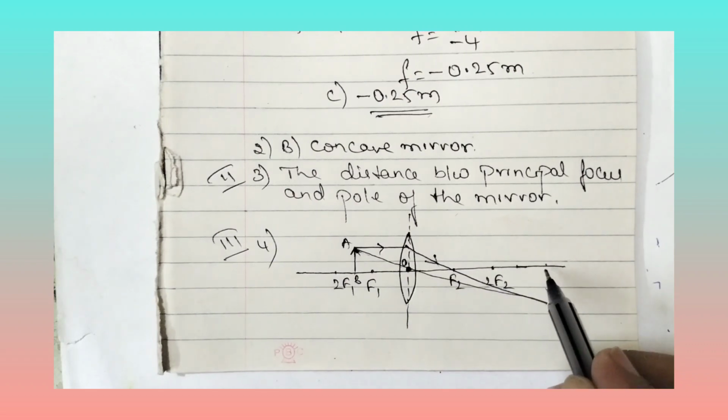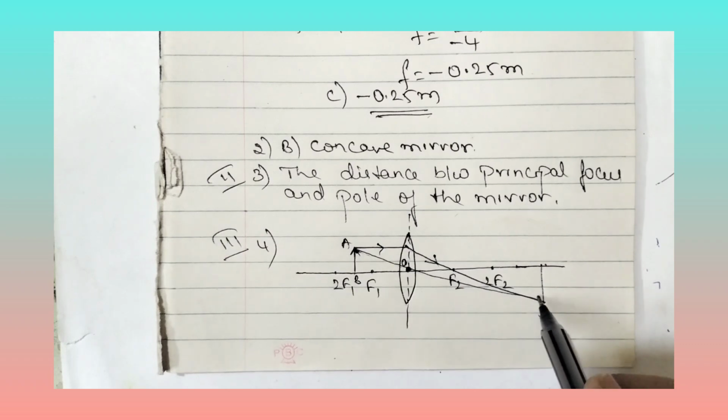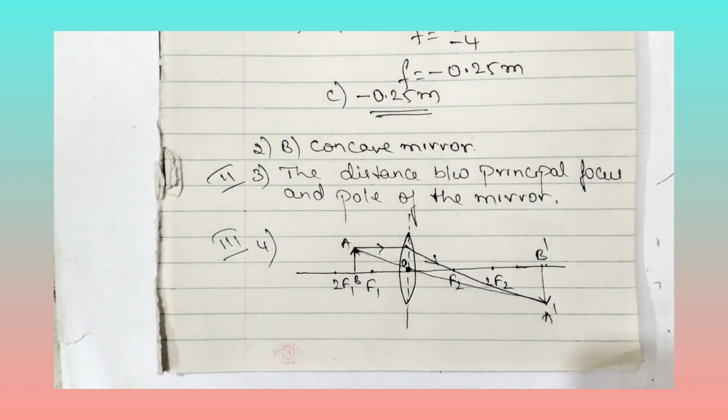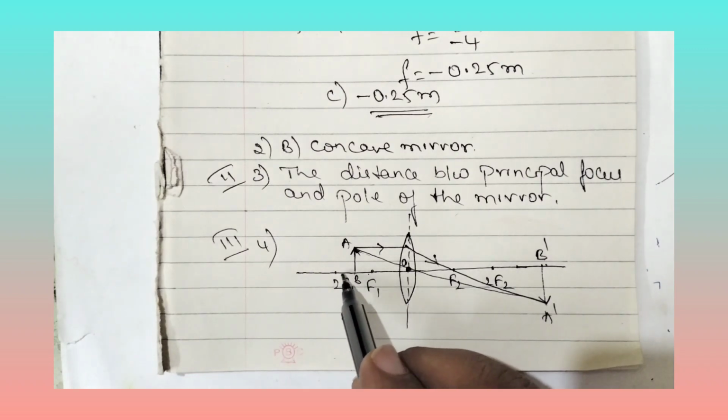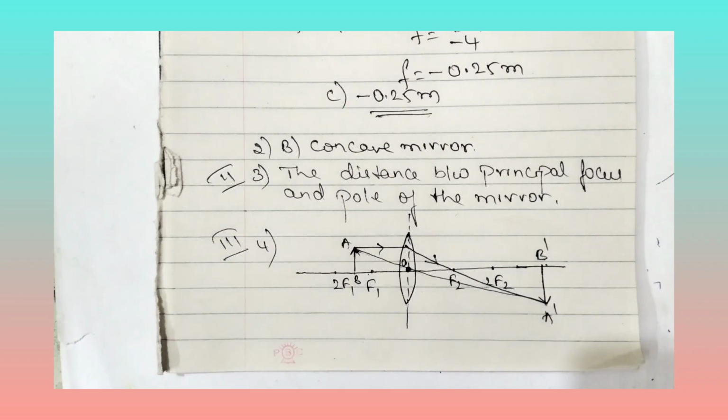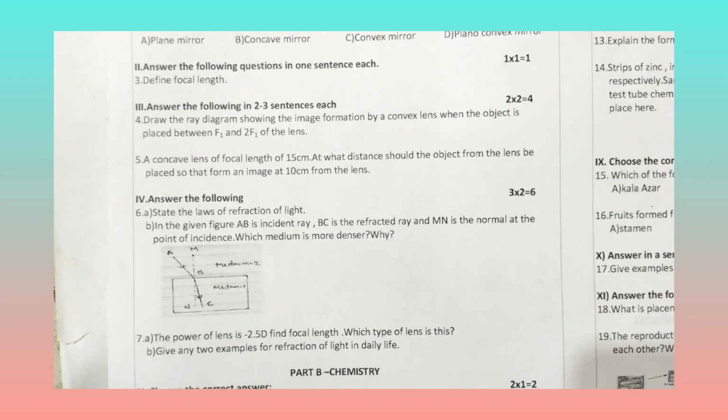So now here the image is formed. This is B dash A dash. So when the object is placed between f1 and 2f1, the image is formed behind 2f2. So this is how to draw the ray diagram for a convex lens.